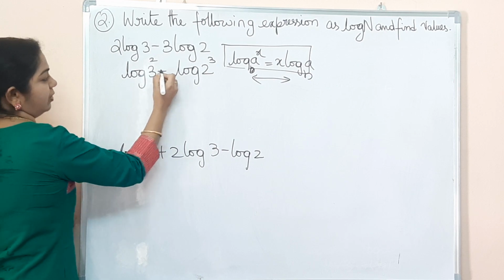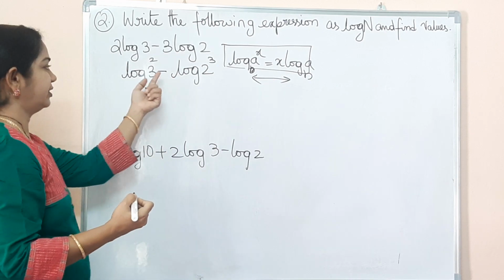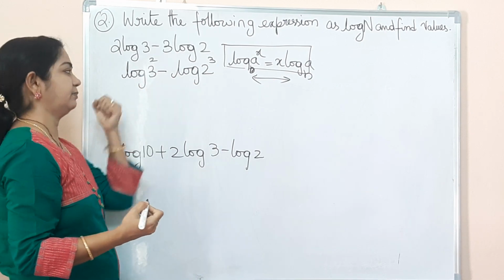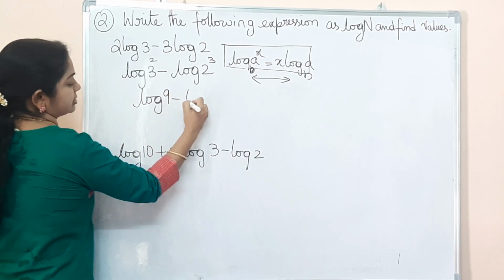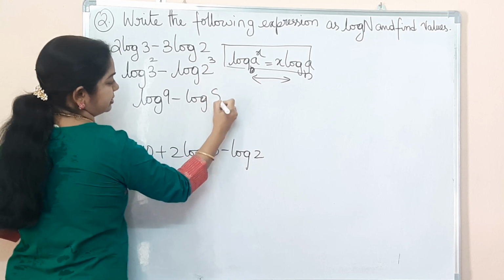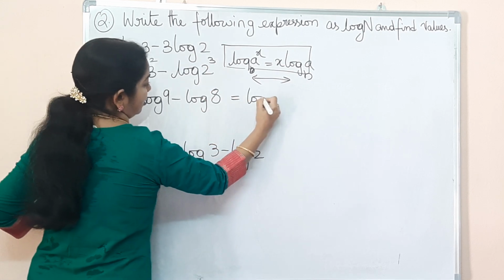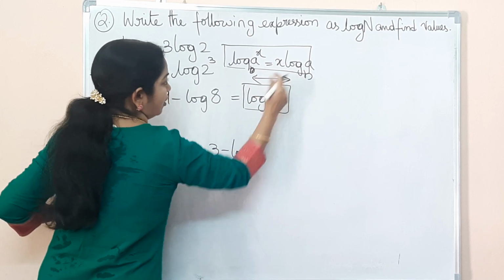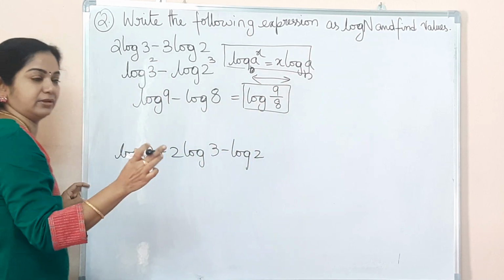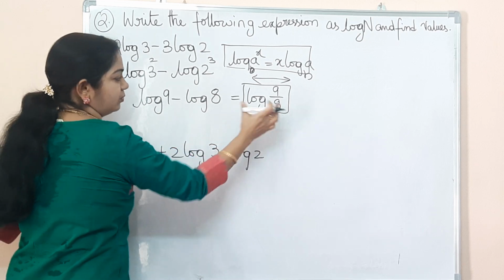Now also the division formula: if there is a minus, they will become the division part. So this comes to log 9 minus log 8, isn't it? Now this is equal to log 9 by 8. So I've simply brought it into one log, log n formula. When there are 2 logs, I've brought it into 1 log.